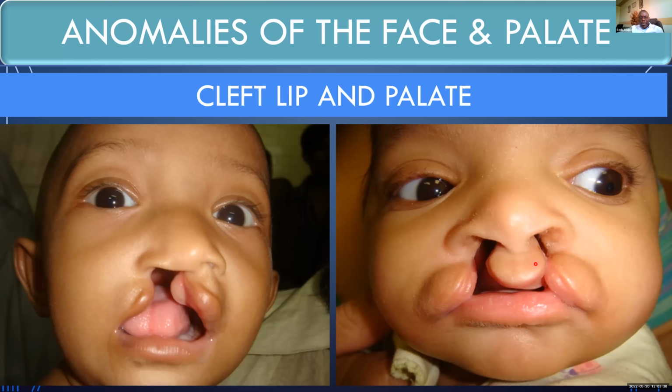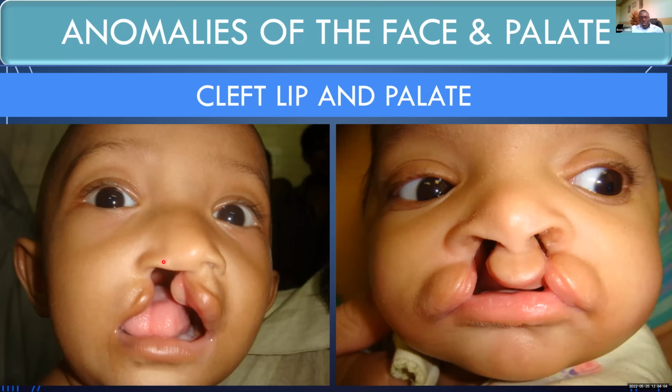So how do we explain a cleft lip and palate? Here, we can say that the issue on the first one is that the palatal shelf that was forming the secondary palate did not fuse with the other shelf and also did not fuse with the intermaxillary segment.